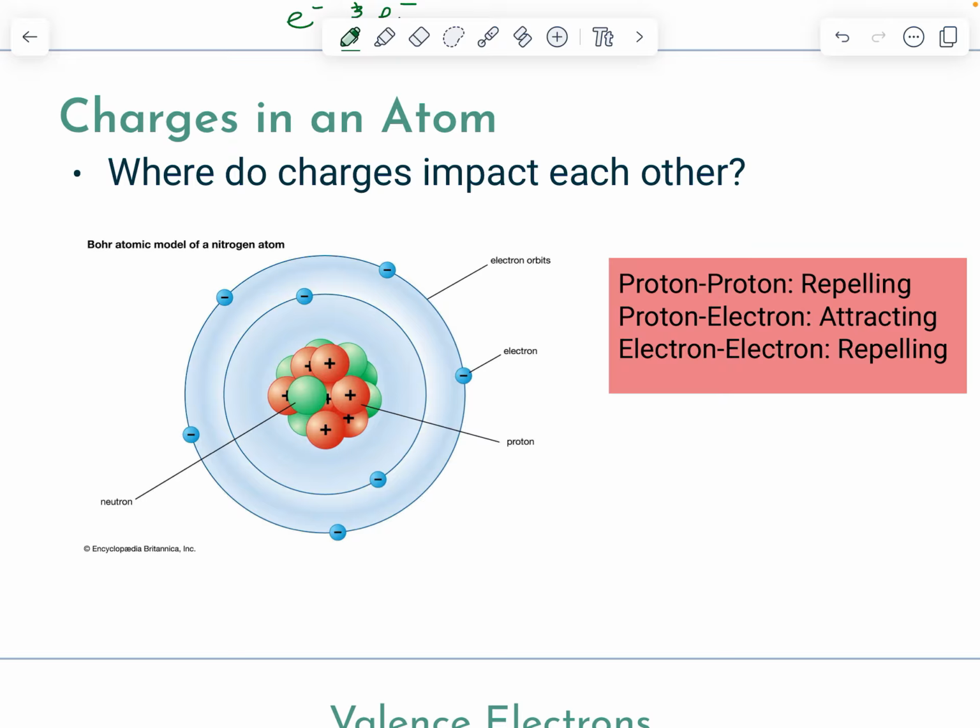And so our negative electrons are some distance away from our positive protons if our electrons are in that first energy level. And then same thing with our electrons that maybe are in that second energy level, which are called our valence electrons in this case.